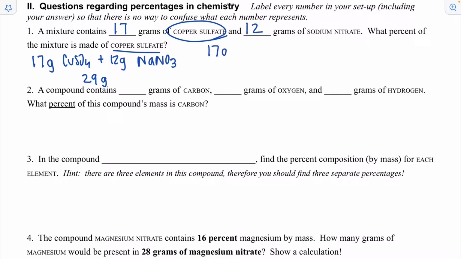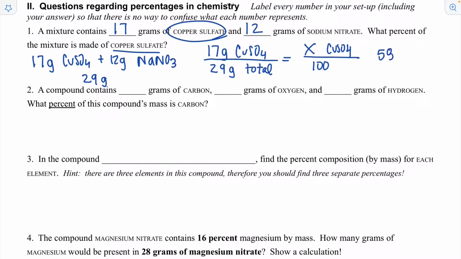I'm looking for the percentage of copper sulfate over the total. How much copper sulfate is that if it was 100? And the answer is 17 divided by 29 times 100, 58.6%.